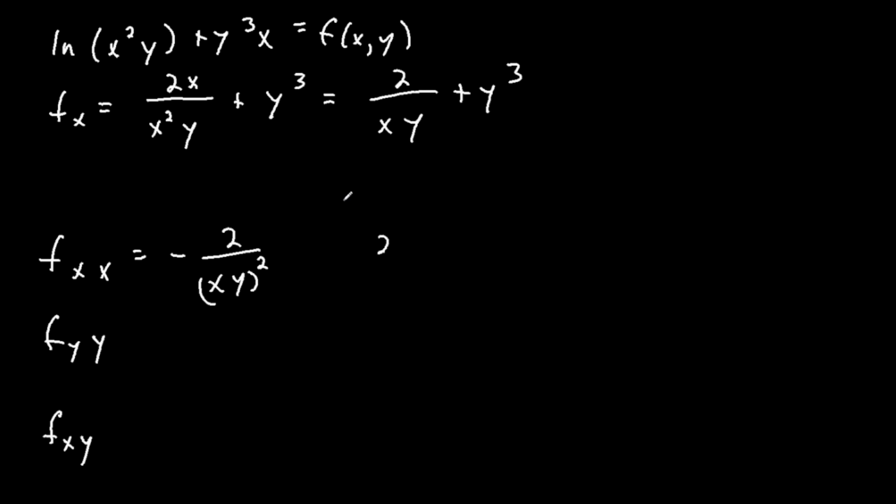Because technically this is 2 times x to the power of negative 1. And if you use power rule here, you just bring the negative 1 down, and you multiply. You subtract the power by 1, and this is what you get. These two are equivalent.